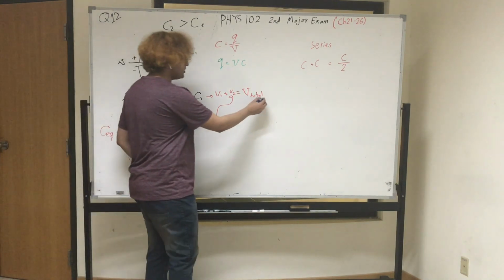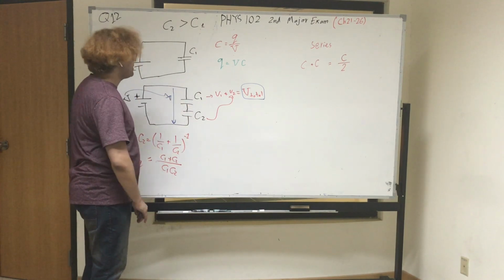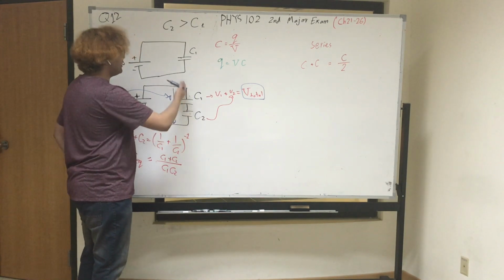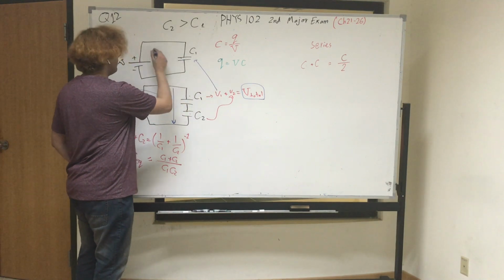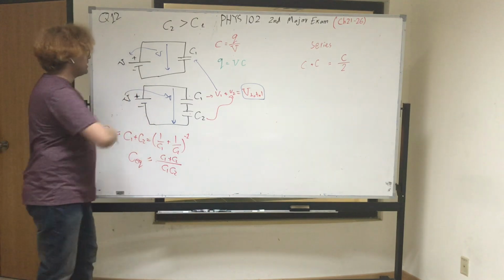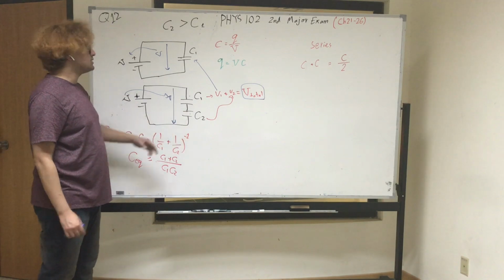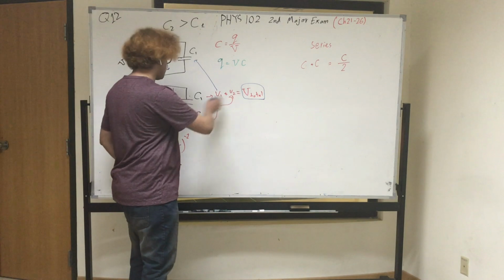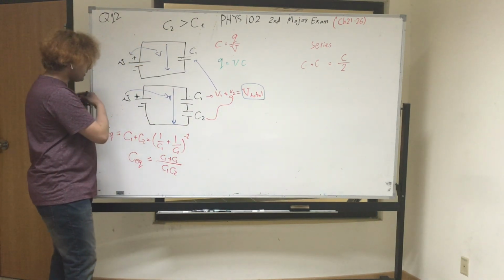So the total voltage is divided between the two capacitors, which means each capacitor has a voltage less than the original voltage, because originally the voltage across the single capacitor was equal to the voltage of the battery. Now the voltage on each capacitor is some smaller value, because the total voltage across the two must equal the voltage of the battery.